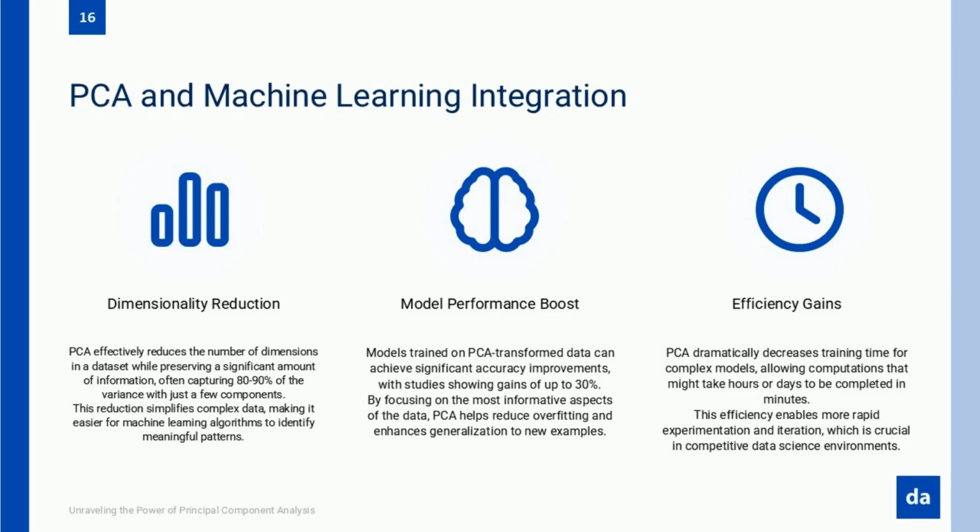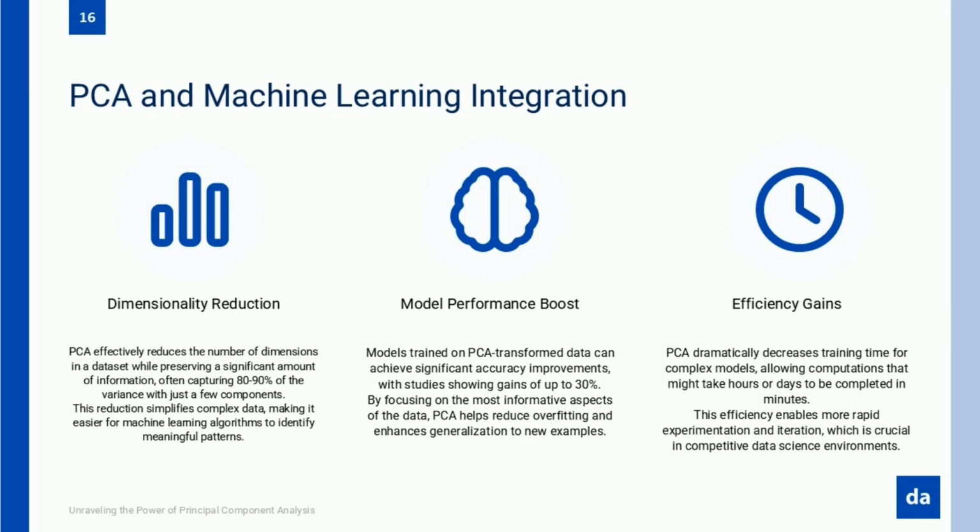Consider classification tasks where logistic regression or support vector machines are applied. These algorithms assume independence between features, an assumption frequently violated in real datasets. By transforming the original correlated features into uncorrelated principal components, PCA creates the ideal conditions for these algorithms to perform optimally.